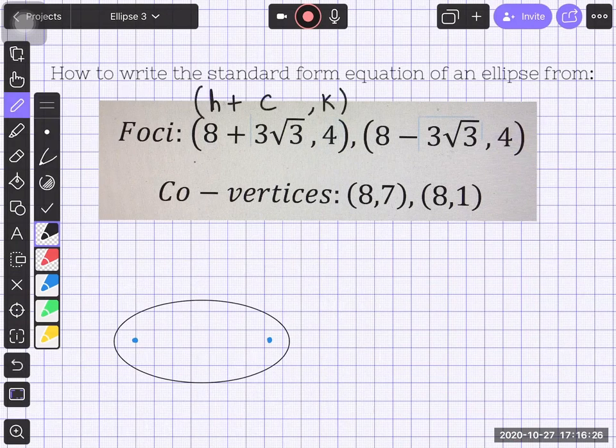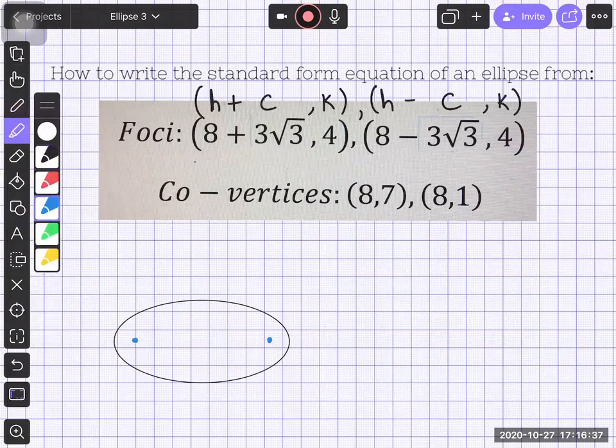This is one focus. We know this from the formulas. And the other focus will look like this. If you pay attention, we already have the value of h, we have the value of c, and we have the value of k.